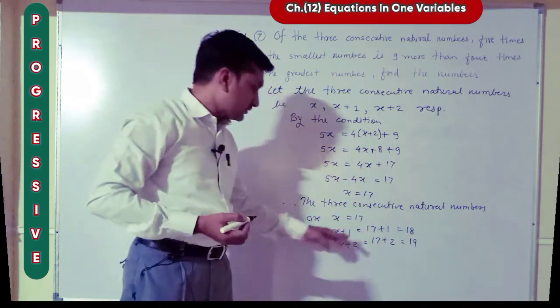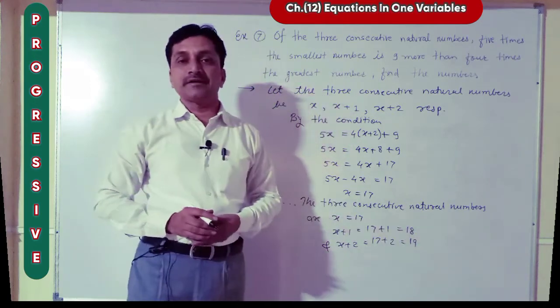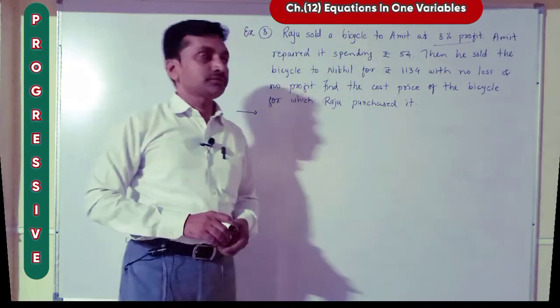Therefore the three consecutive numbers are 17, 18, 19. Let's see example number 8.